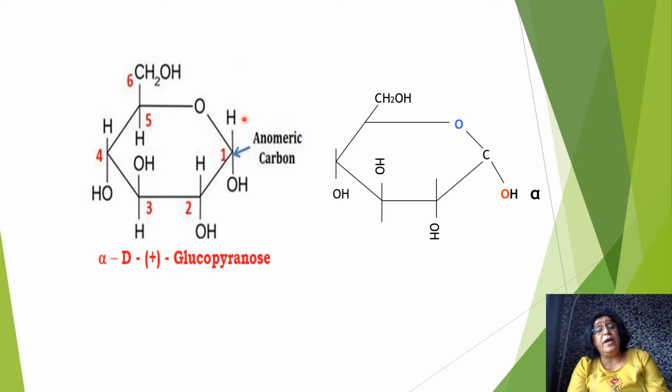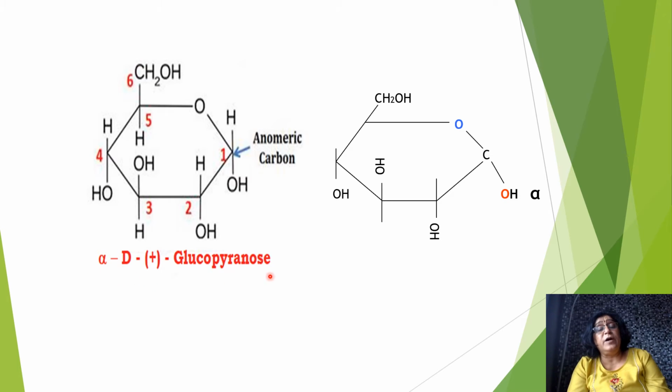The first carbon is holding H on the top and OH below, while in the open chain structure, the H was on the left hand side and OH was on the right hand side. Then second carbon, H is on the top and OH is down. Third carbon, OH is on the top and H is down. Fourth carbon, H is on the top and OH is down. And the fifth carbon is forming the hemiacetal structure, and the sixth carbon is on the top, which is known as CH2OH. So this is called alpha D plus glucopyranose.